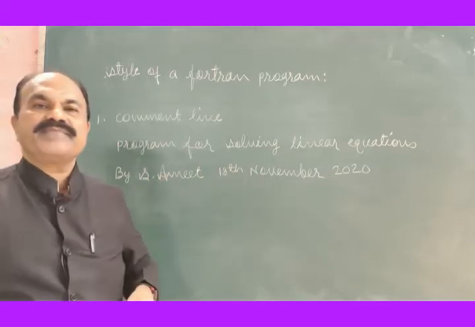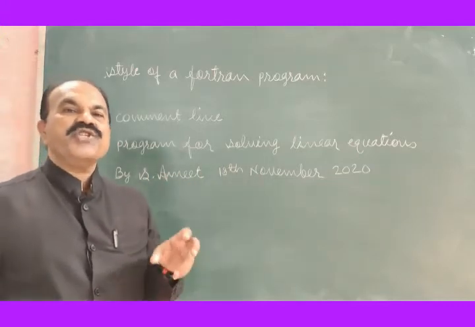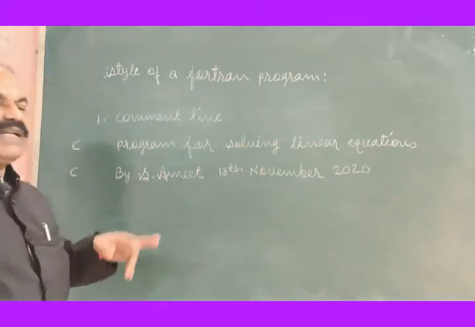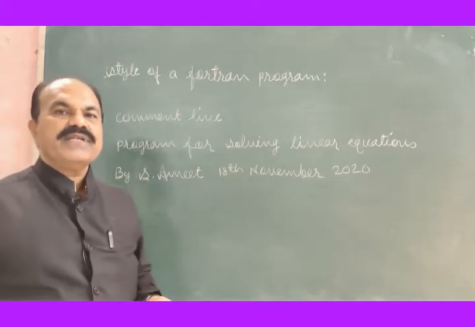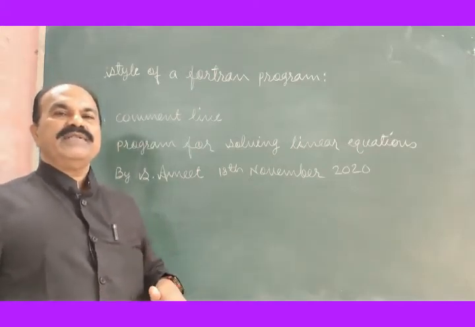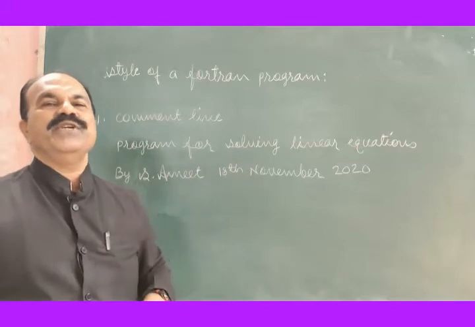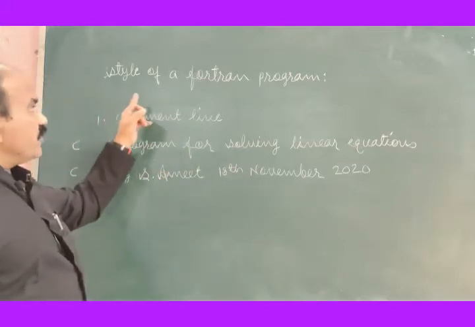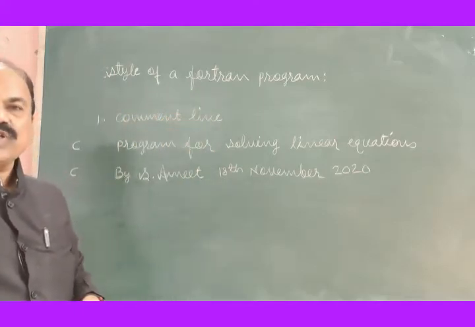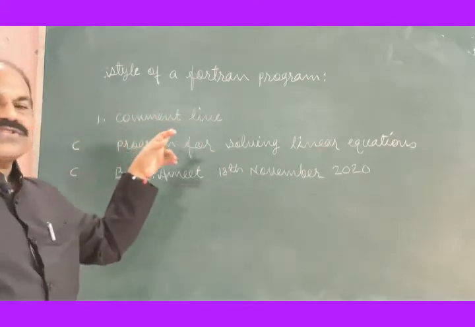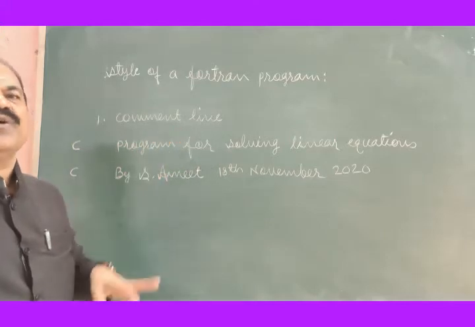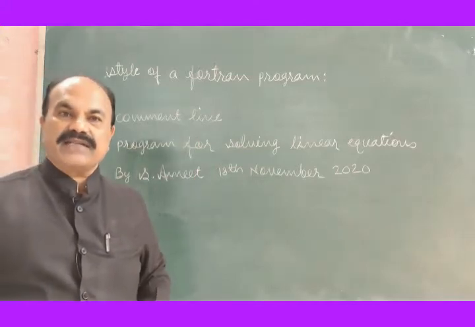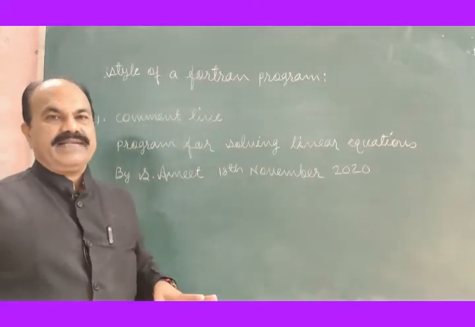First comment line explaining in short the purpose of the program. Second comment line gives name of the program developer and the date on which the program is developed. So, when we talk about style of a Fortran program, we are first supposed to know what is a comment line and what things are there in the comment line.